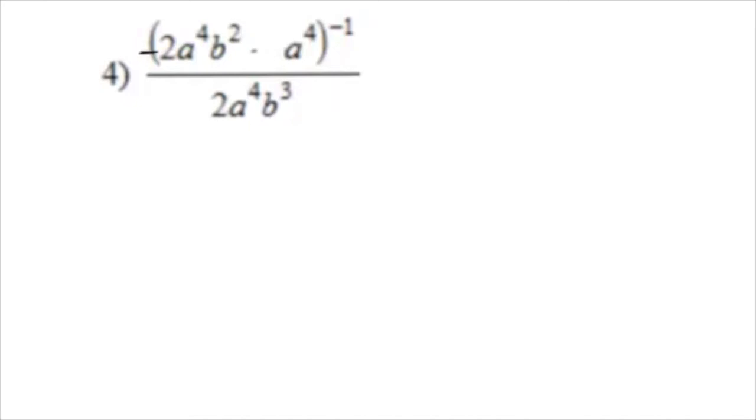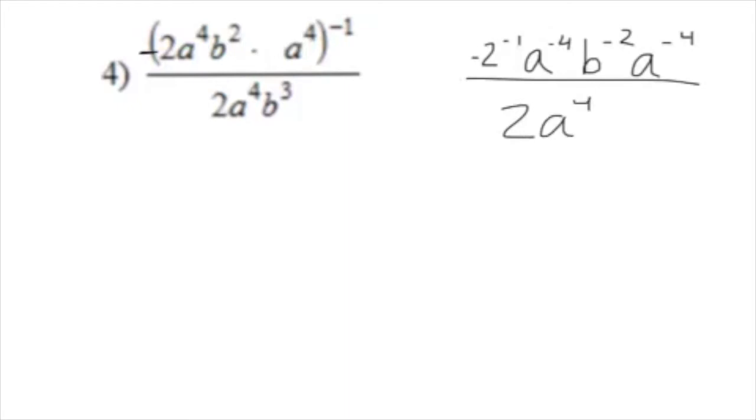So now you distribute that power, and you get this all over 2a to the fourth, b to the third. And so now you can simplify this. First, because it's negative 2 to the negative first, you can write that as a fraction, 1 over negative 2. And it's still equal to negative 2 to the negative first.